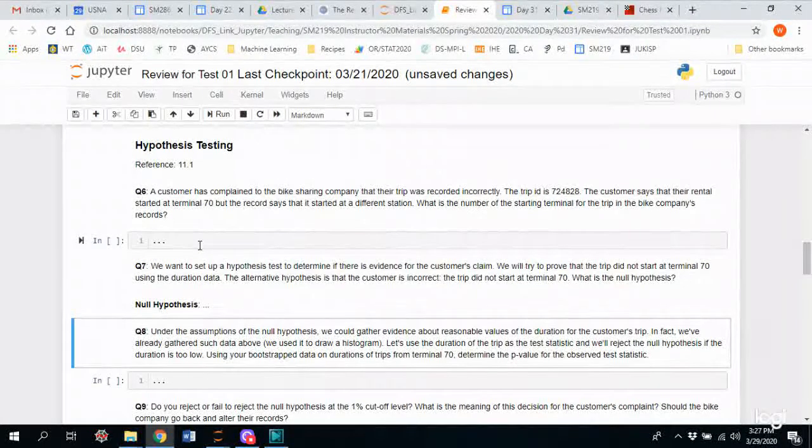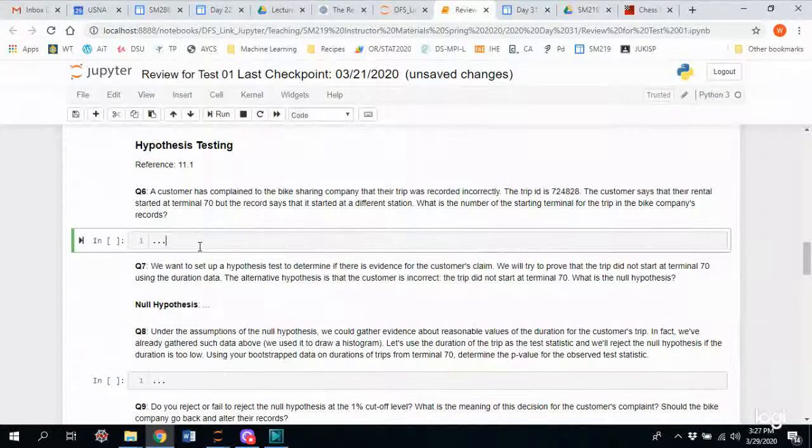Okay, if you're looking for a hint, one thing that you could try is using the where command. So we could use the trip table, and we could filter it using the where command to try to understand only the row that has this trip ID. Try that now. Okay, so how are we going to filter this table?